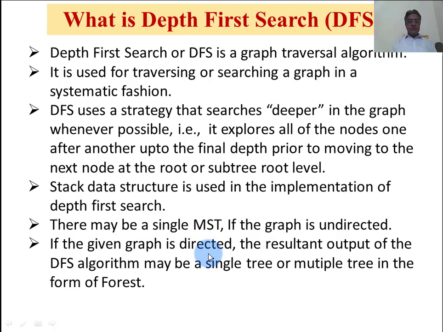If the given graph is a directed graph, the resultant output of the depth first search algorithm may be a single tree or multiple trees in the form of a forest. We will generate the forest. If it is a directed graph, then its end result may be a single tree or multiple trees. That is, if there are many trees, that is called a forest.